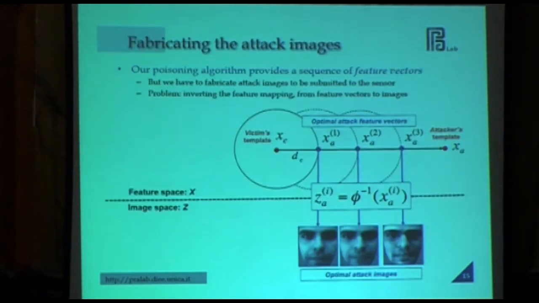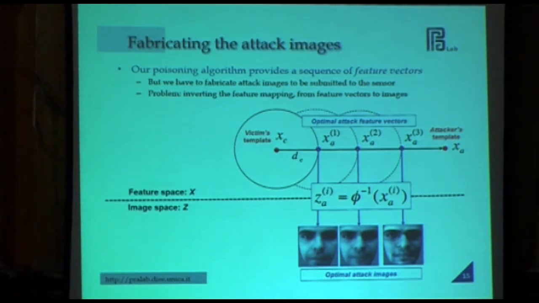Well, just another concept before moving to the result. Our optimal poisoning attack provides the solutions in terms of a sequence of feature vectors. But indeed, you have to submit images to the face verification system. So you have to map back from the feature vector solutions to the images.